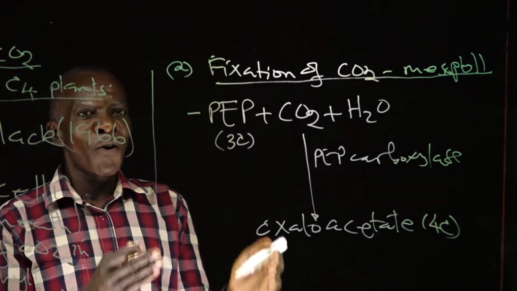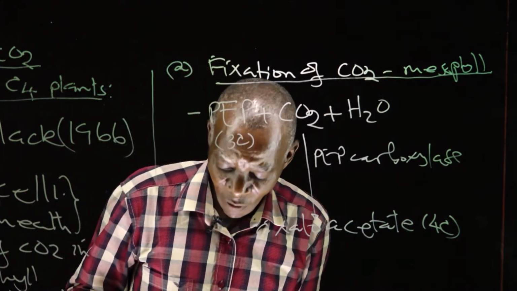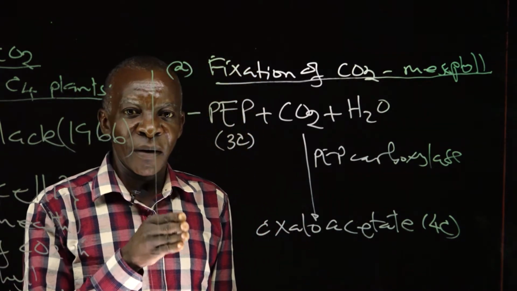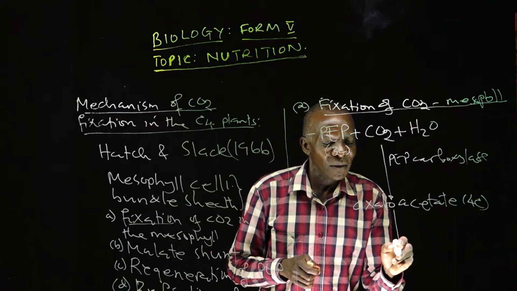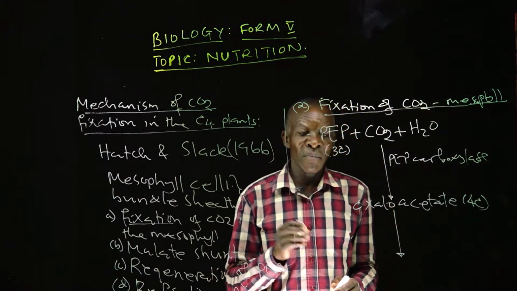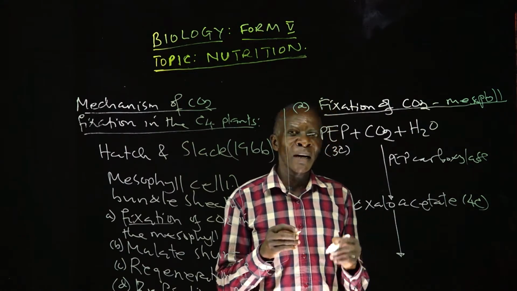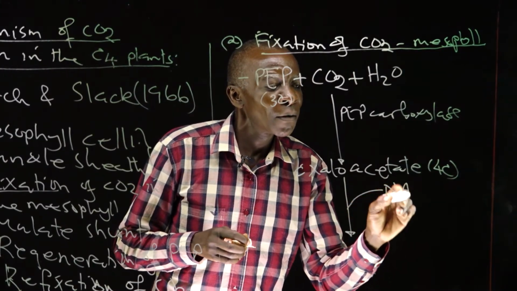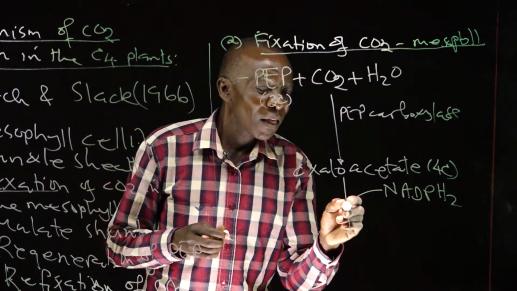Now, the formed oxaloacetic acid, or simply oxaloacetate, will undergo reduction. The formed oxaloacetate is reduced by hydrogen from nicotinamide adenine dinucleotide phosphate, here in its reduced form.